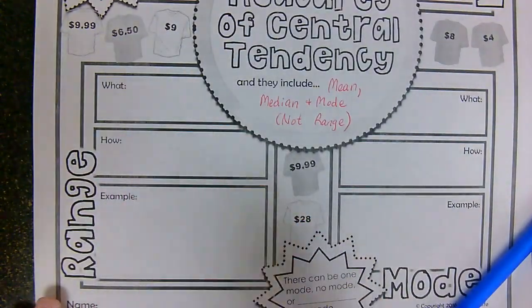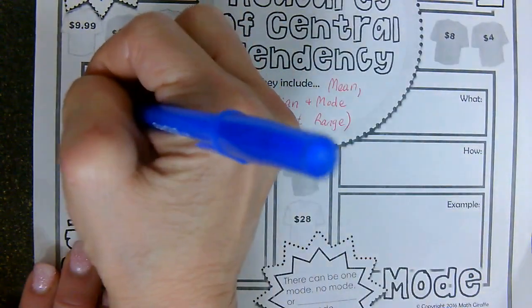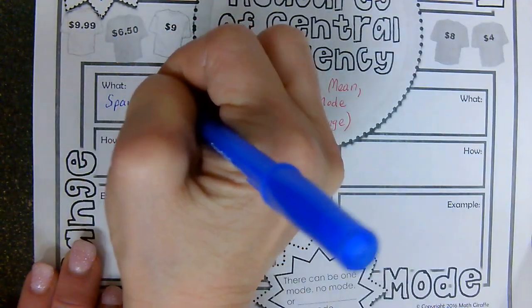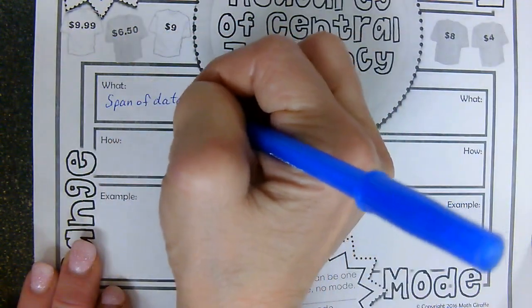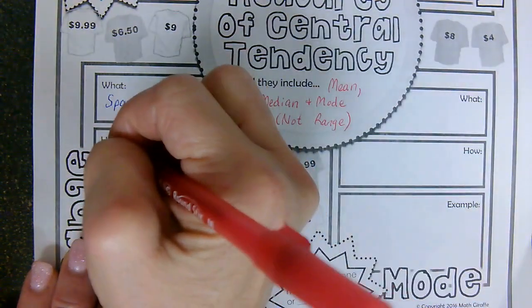Now let's go over to range. What is range? Range is the span of the data set. Meaning from the biggest number to the littlest number, or the littlest number to the biggest number. So how do we find the range? We subtract.